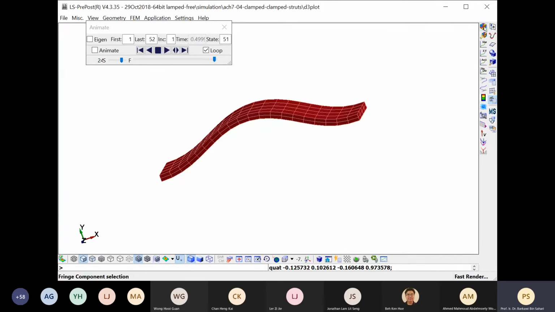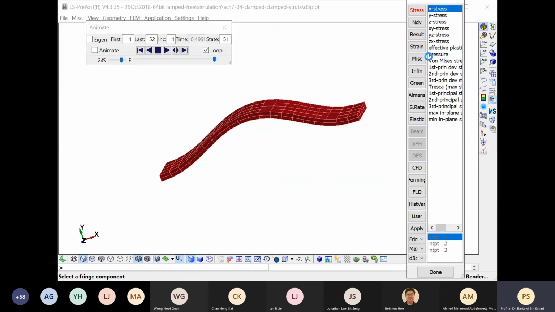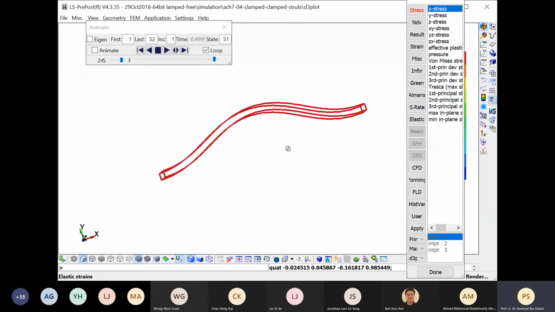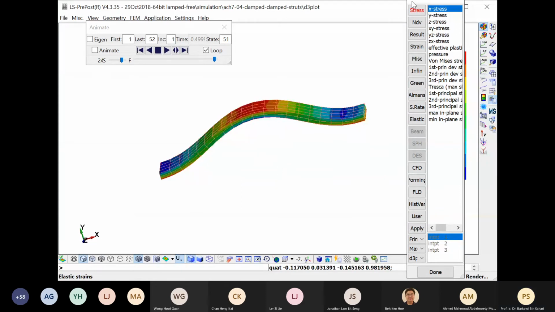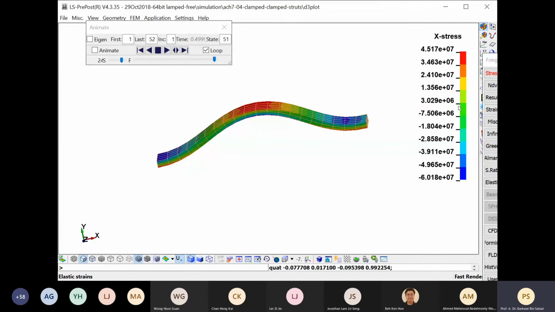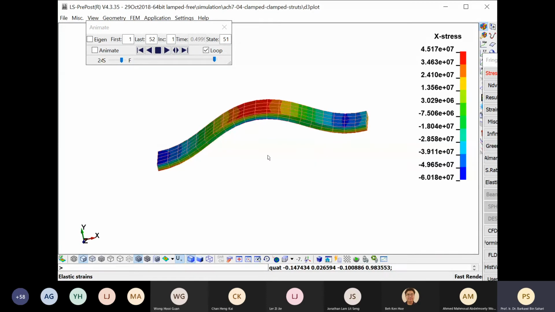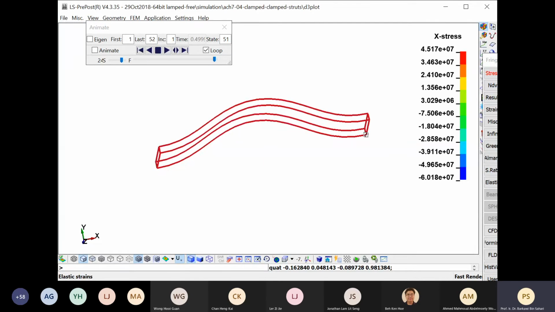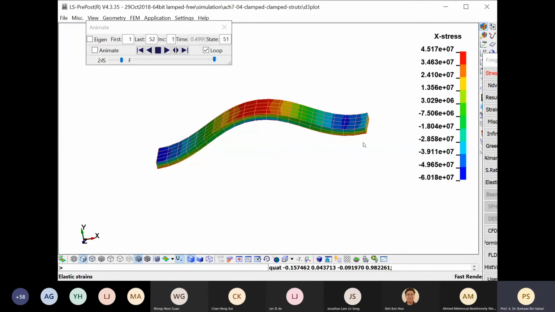So I'll share these colored fringes. You see the color there? Now using the same scale of color, the green is zero bending stress. Now you can see that the end is blue and red at one point. The middle is also blue and red. That means one side is compression, one side is tension.